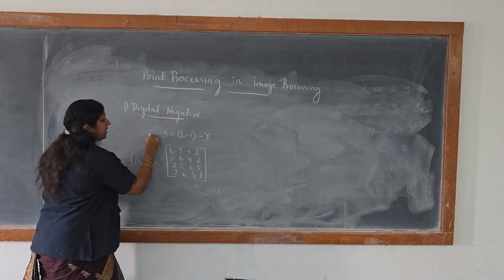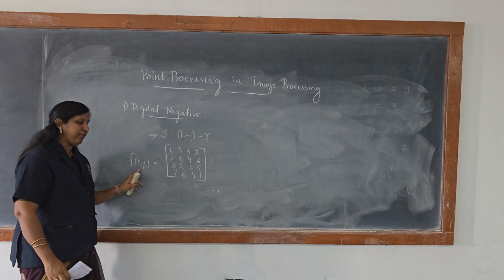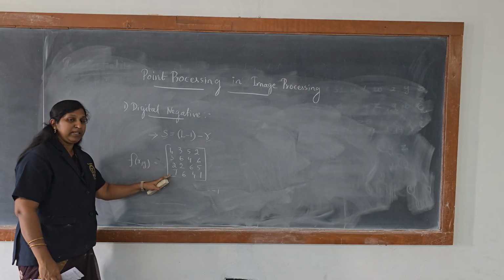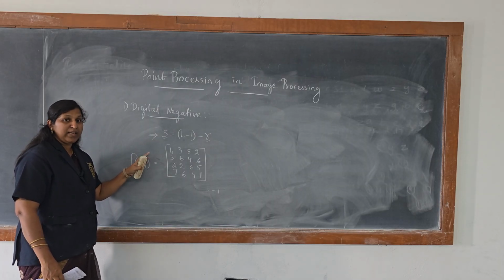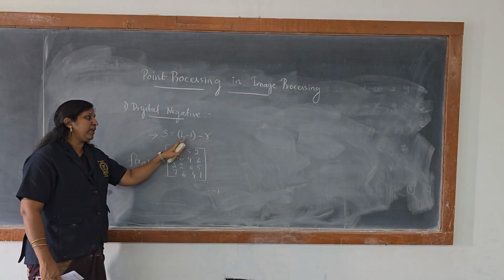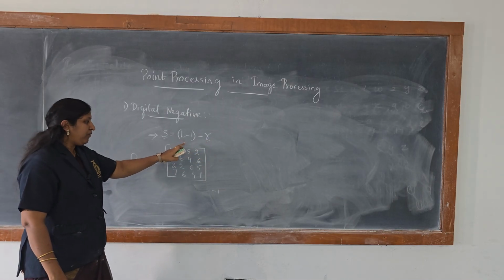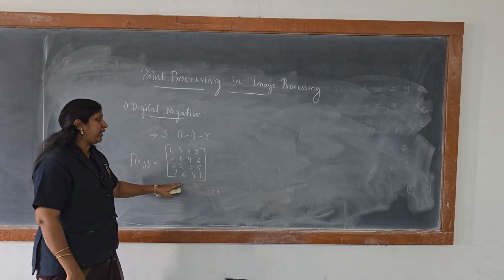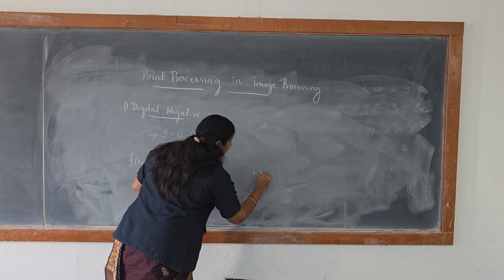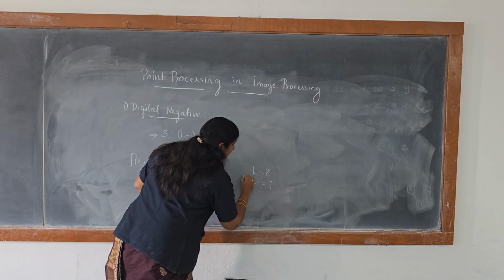Using this relation, we are going to get the transformed form of the original image f of x comma y. Your input image is f of x comma y, and we get g of x comma y, the output image, by doing this calculation, S is equal to L minus 1 minus R. In the previous session, I told you that for the same image matrix we calculated the L value as 8. So L minus 1 is equal to 7.